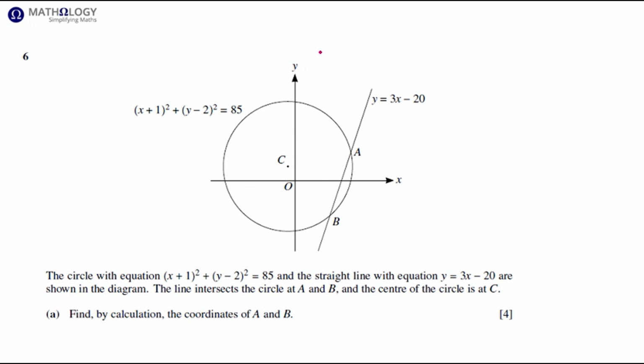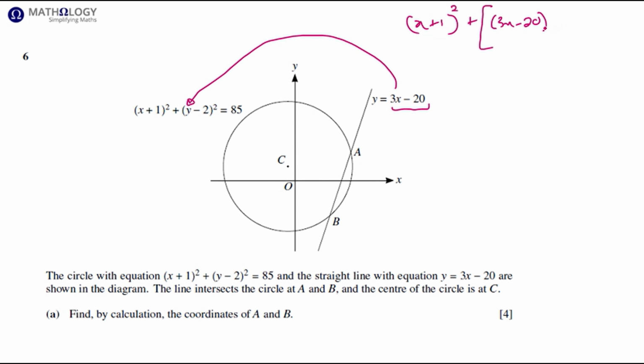So, in other words, we're going to take the expression y equals 3x minus 20, and we're going to substitute it into the circle where we have y. So x plus 1 all squared plus, we'll open up square brackets here, 3x minus 20, which represents y, minus 2 all squared equals 85.